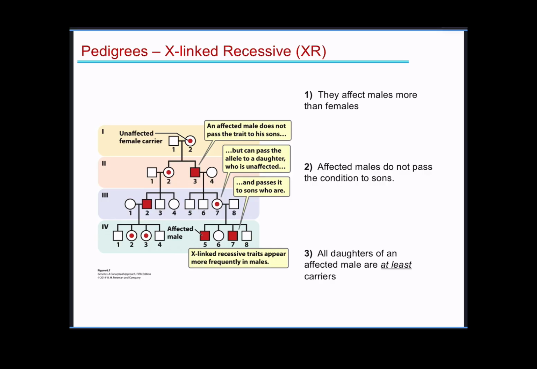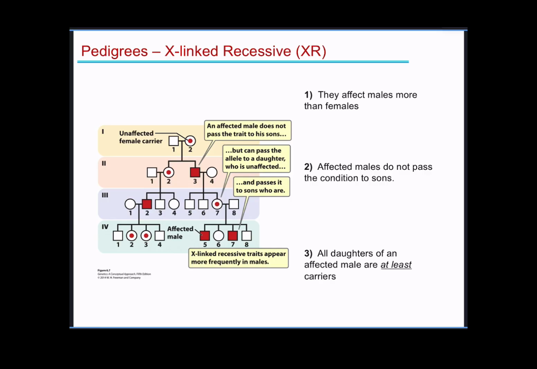Males need only 1. So it's a lot easier for a male to inherit 1 X chromosome with that 1 recessive copy, and he's already manifesting the condition associated with that allele, whereas females require 2, and there may be a lot of female carriers out there, but they're not showing the condition.